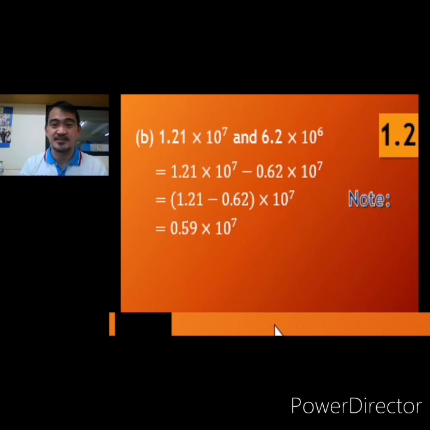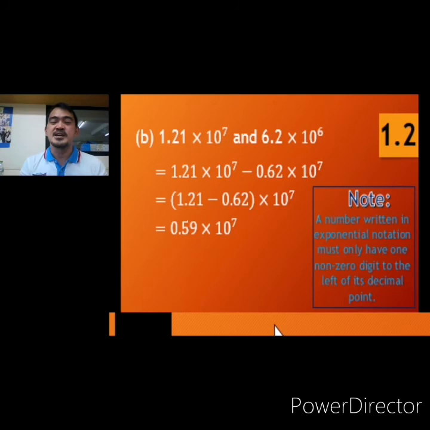Okay, let's have this note again. In writing exponential notation, it must have only one non-zero digit to the left of its decimal point. That's what I'm telling you earlier. So therefore, our final answer is 5.9 times 10 raised to 6.